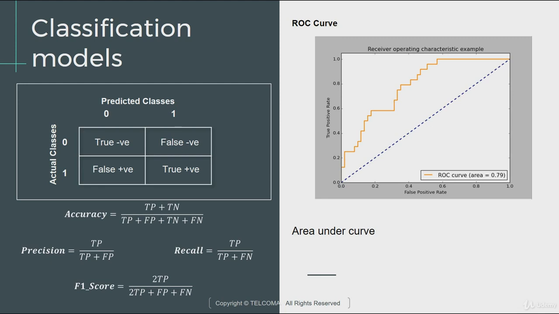So if we get one step deeper, we have precision and recall as some of the most important metrics used in this scenario. Precision would be true positive divided by true positive plus false positive. So if you just look at this matrix over here, we can say precision would be true positives upon true positive plus false positive.